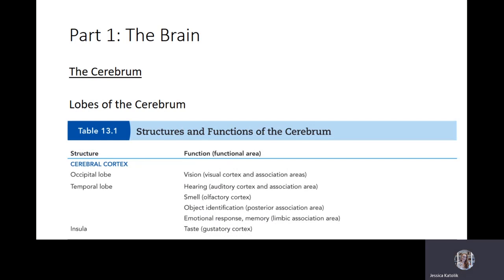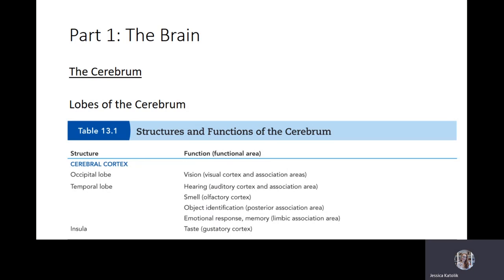The occipital lobe is going to be really important for processing vision. So our nerves are going to go from our eyes, and there's going to be a lot of synapsing that occurs, and all of that information is going to go to the occipital lobe.